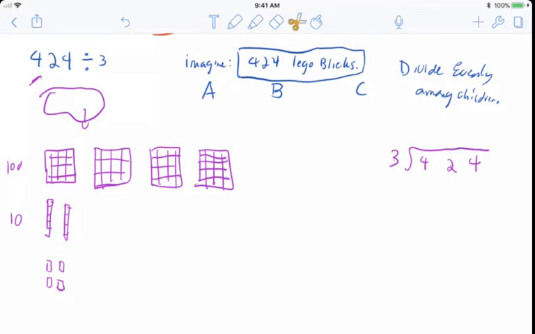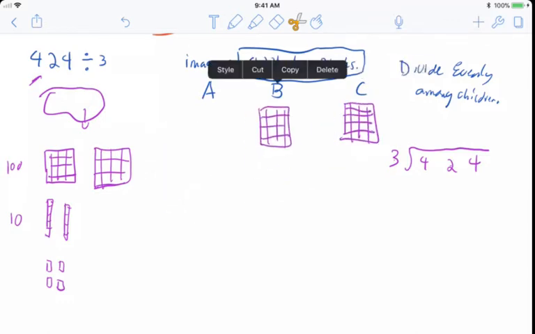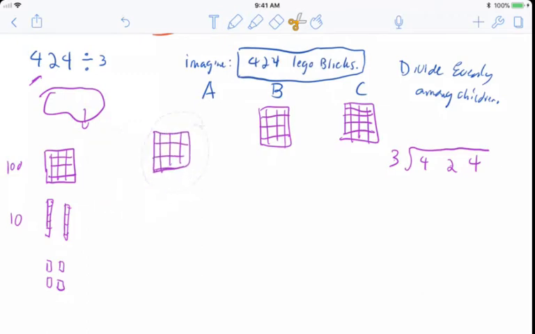First you go, okay, each of you get a sheet. 1, 2, 3. And you do it until the pile that remains of 100s is less than 3. So I can't divvy this one up evenly among them. How many sheets of 100 does each person get?